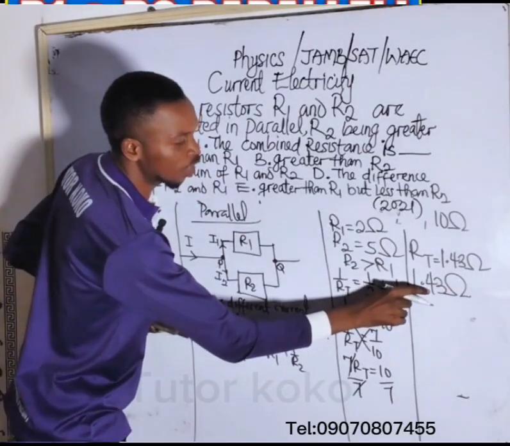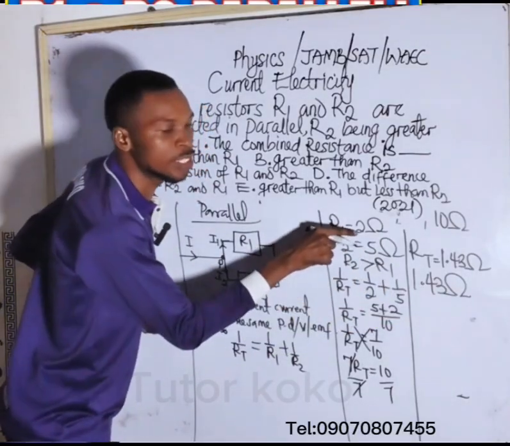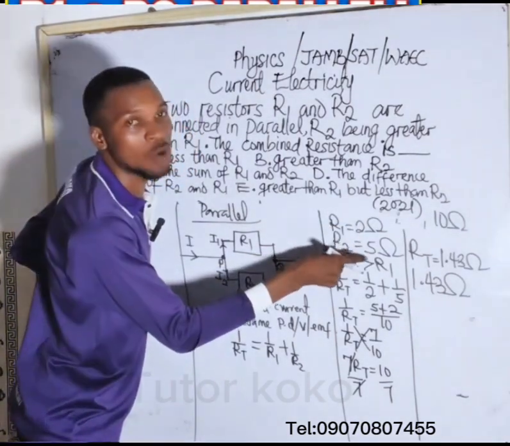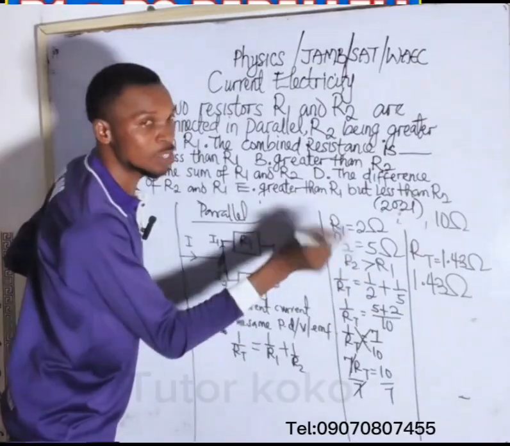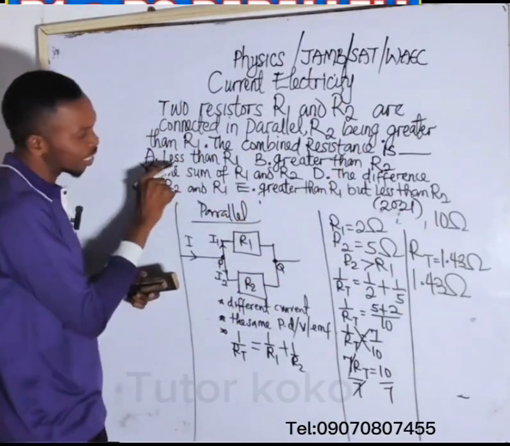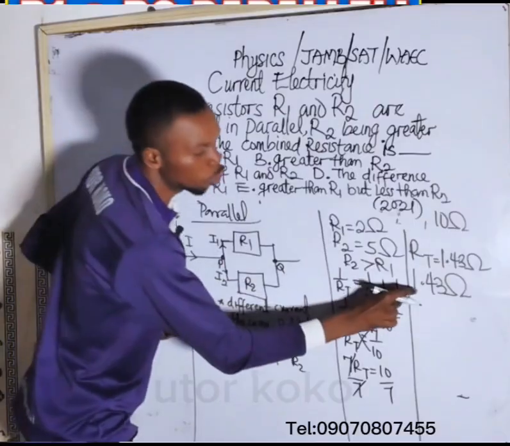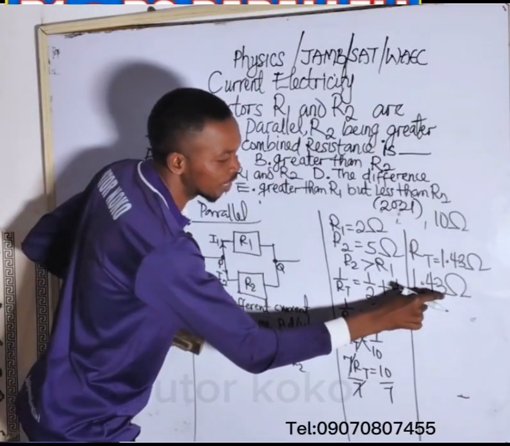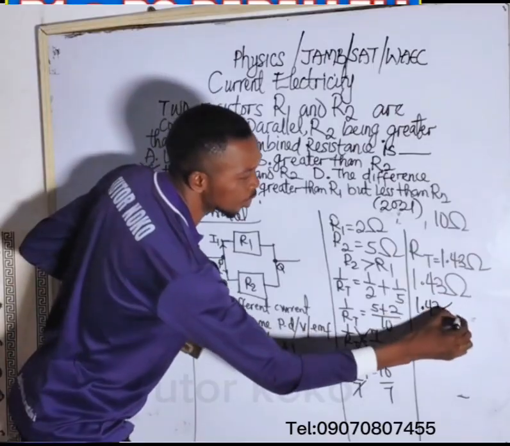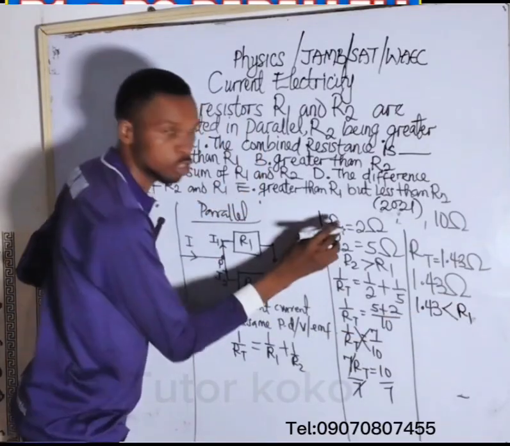Let's now look at the options. If the combined resistance is 1.43, is it less than R1? Is it greater than R2? Let's check option A: the combined resistance is less than R1. What is the combined resistance? 1.43. You see that 1.43 is less than what? R1, which is 2.